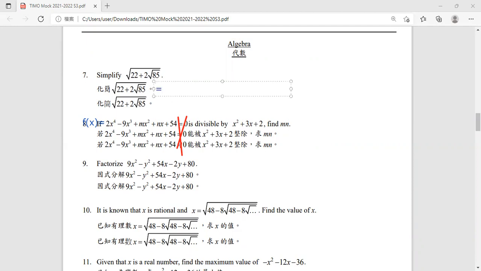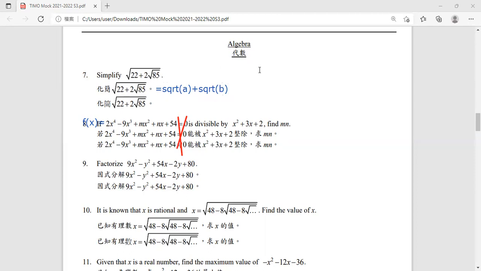Please consider that if I can simplify this one, it becomes square root of A plus square root of B. Then you square both sides.